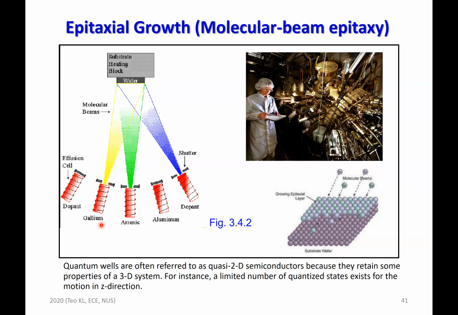N represents the number of 9s, so it is 99.9999, which is 6N, six nines. So that's how pure the materials used in the deposition system are. And we use solid sources, which means we don't need to involve gases, so you are able to achieve high purity of the grown film.